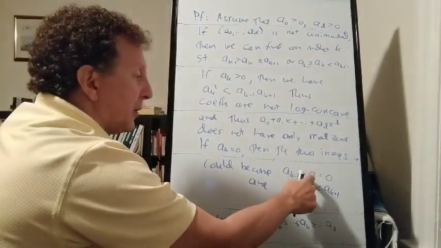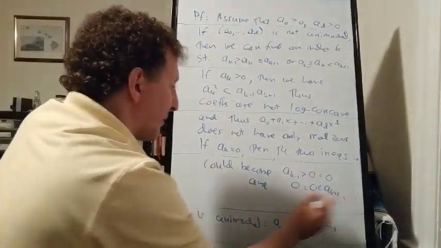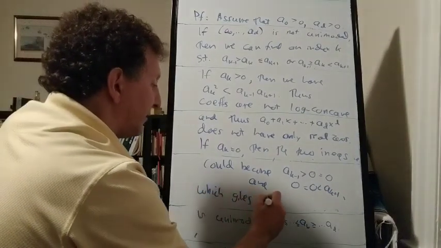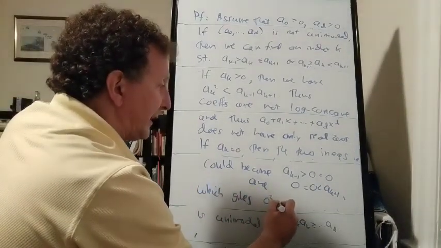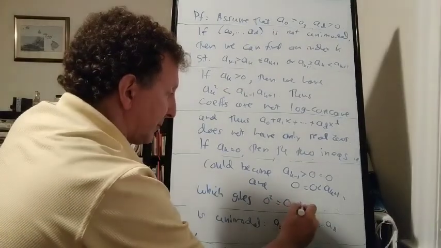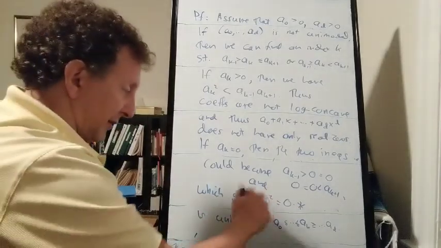And then this gives 0 squared equals 0 times something else, which is not a problem because then they're equal.